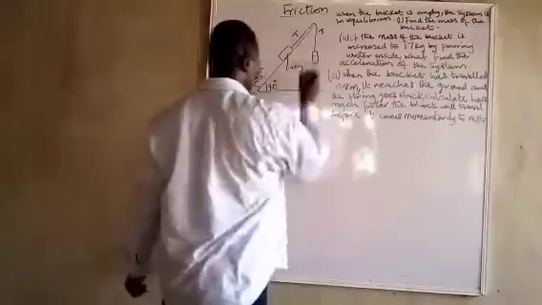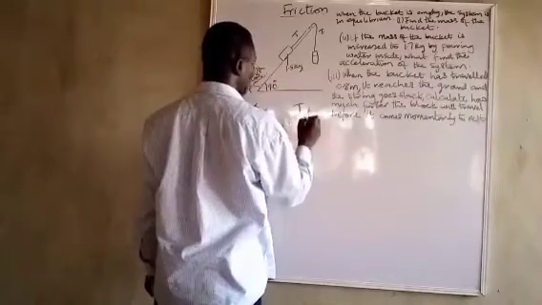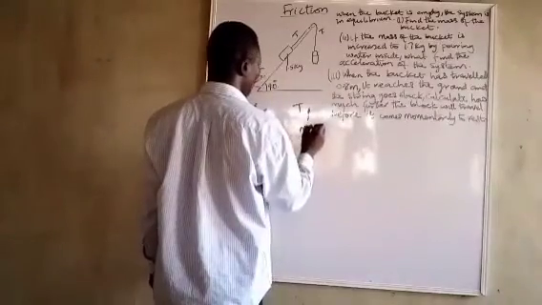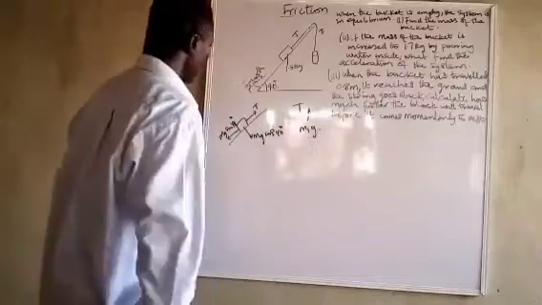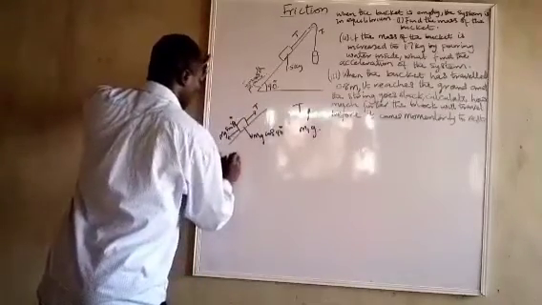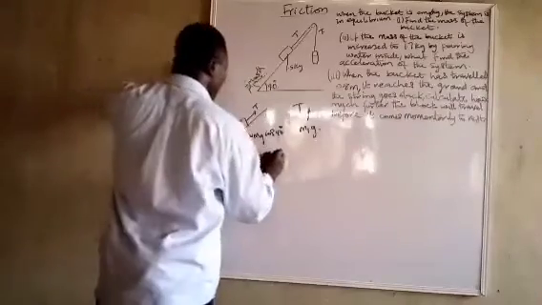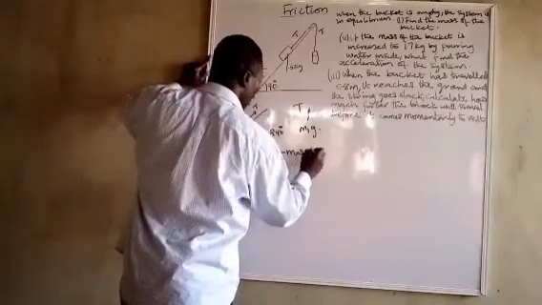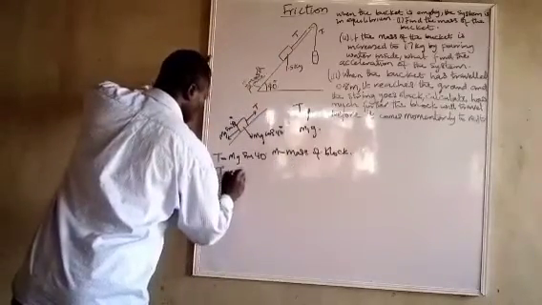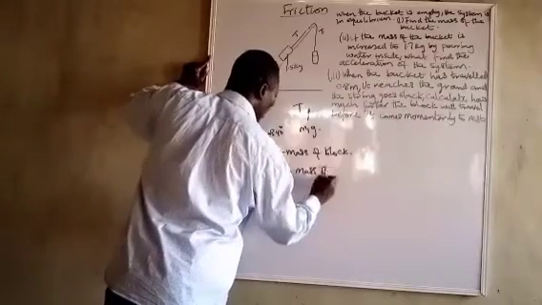This same T, for the other body, is carrying up the bucket, m1 g. Therefore, T equals mg sin 40, where m is the mass of the block. At the same time, T is equal to m1 g, where m1 is the mass of the bucket.